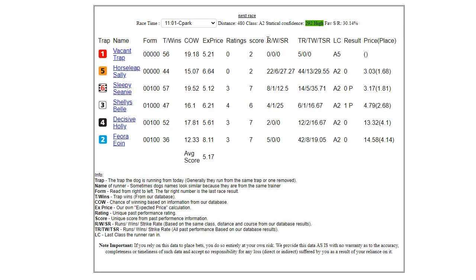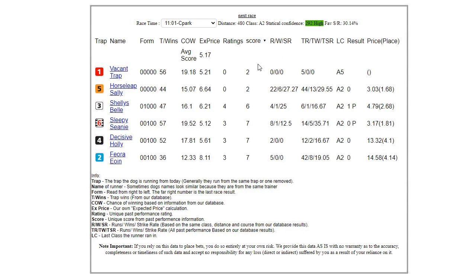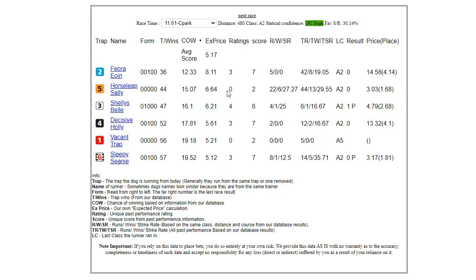You can see that I'm doing this kind of randomly, and a lot of people don't like it when there's non-runners in the race, but we'll do it anyway. Let's just check. So we go score 2. That one didn't run. So Horse Leap Sally is our selection at 2. If we go to cow, it's still our selection.